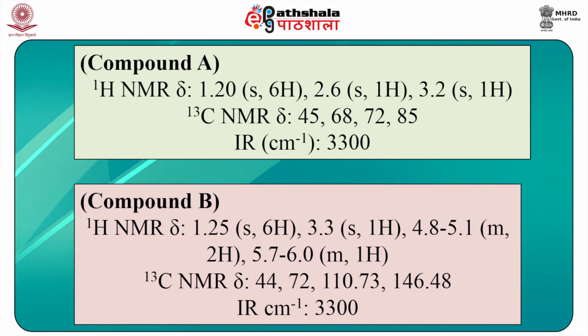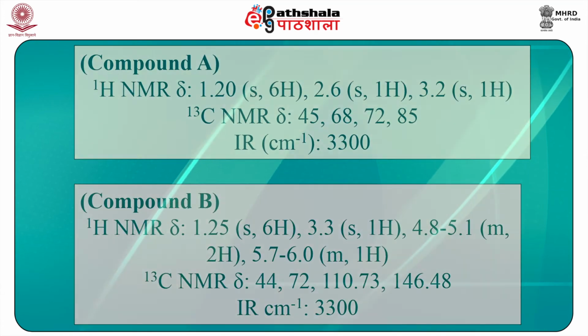Carbon-13 NMR shows the peaks at 44, 72, 110.73, 146.48 ppm. The IR absorption shows the peak at 3300 cm inverse, and the peak at 3.2 and 3.3 disappears on shaking with deuterium oxide. Determine the structure of the compound.